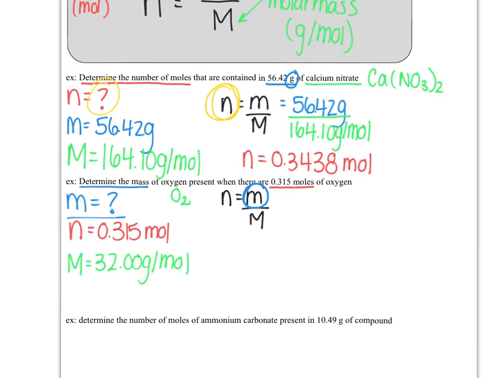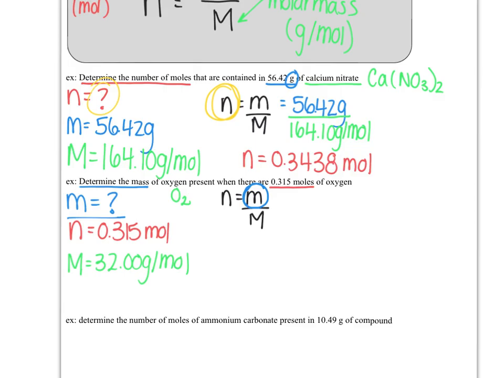To do this, I need to get rid of what is connected to little m on this side. Little m is connected to big M by the operation division. What's the opposite of division? Multiplication.